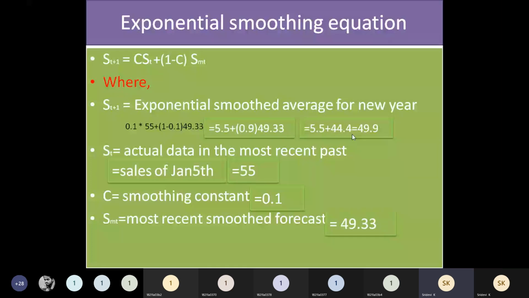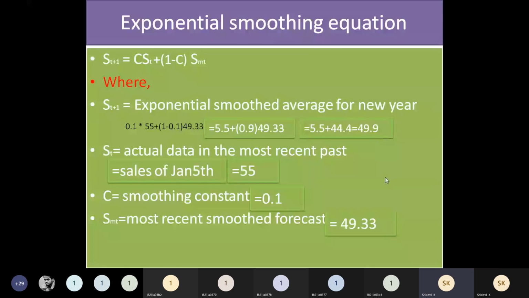So you add this 44.4 to the 5.5. The end result is 49.9. So that means on the sixth day, we are expecting 49.9, which we round off to 50. 50 sales will take place on the sixth day.